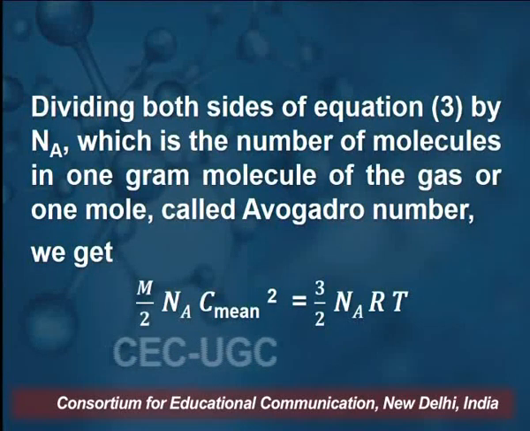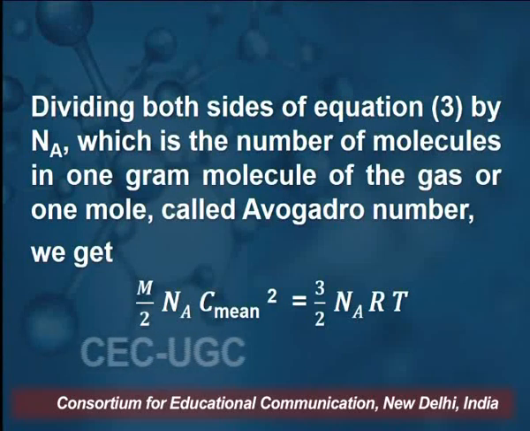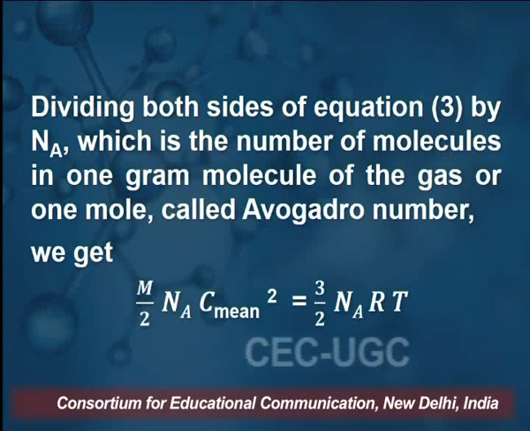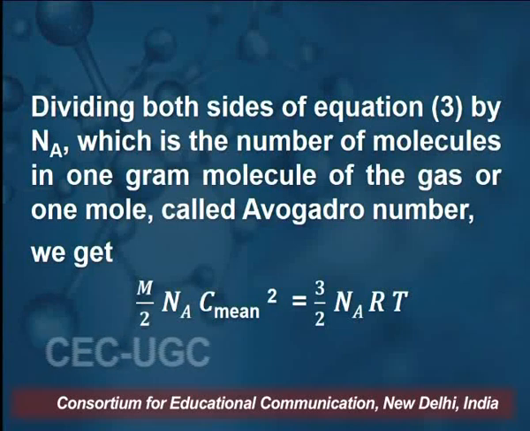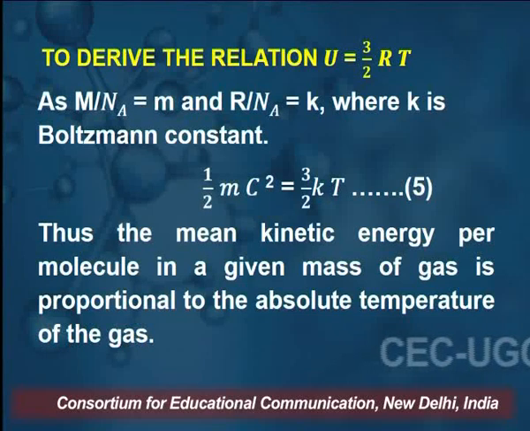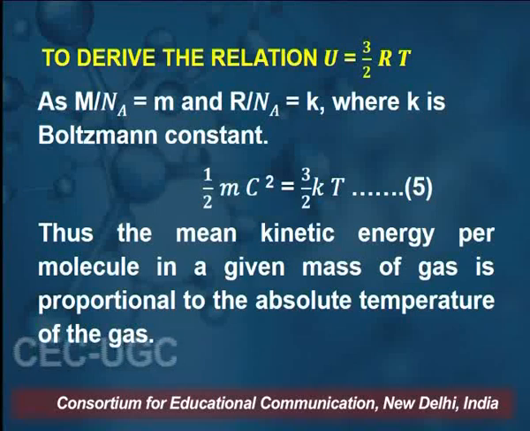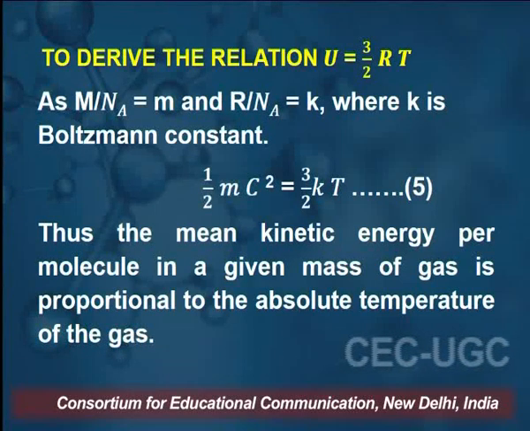If we divide both sides of equation 3 by Na, which is the number of molecules in 1 gram molecule of the gas or 1 mole, called the Avogadro's number, we get M by 2 Na C mean square is equal to 3 by 2 Na into R into T. As capital M by Na is small m and R by Na is k, where k is the Boltzmann constant, we get half m C mean square is equal to 3 by 2 kT.